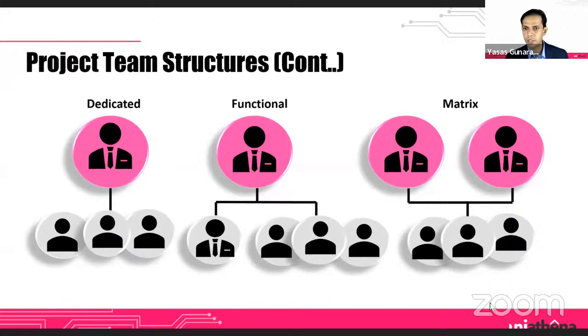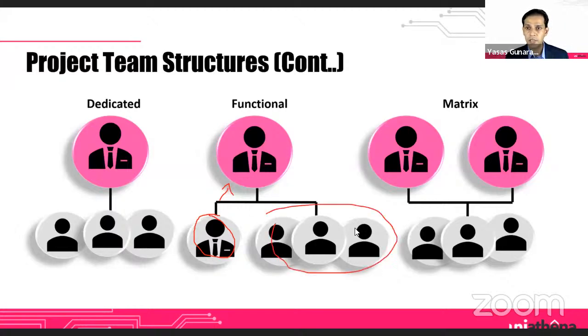If you notice over here, that's the project manager. And on top, you have the functional team manager. Each functional team would have a team manager, but the project manager would be dedicated and would be there throughout the project without change. And over here, you have the project team.